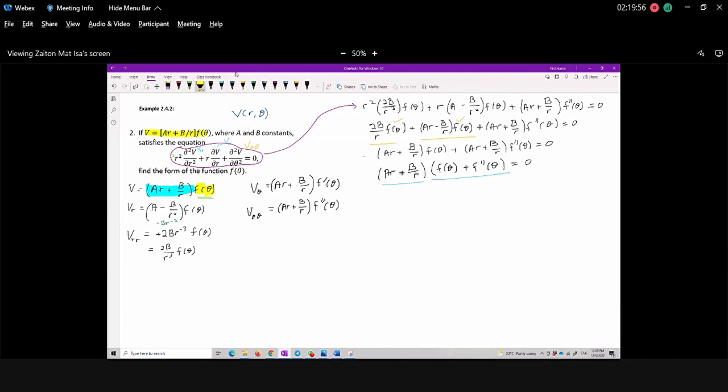So for sure, the AR plus B over R cannot equal to 0. Why? If we say that AR plus B over R equals to 0, then our V is gone. If you equate this to 0, V equals 0, which has no meaning. So the one that can equal to 0 is the second one. So therefore, alright, we can see the end, there is light at the end of the tunnel.